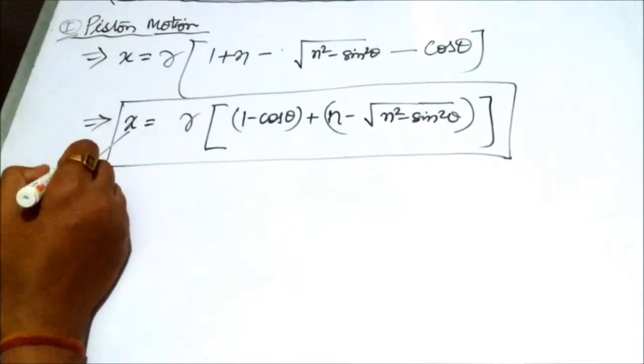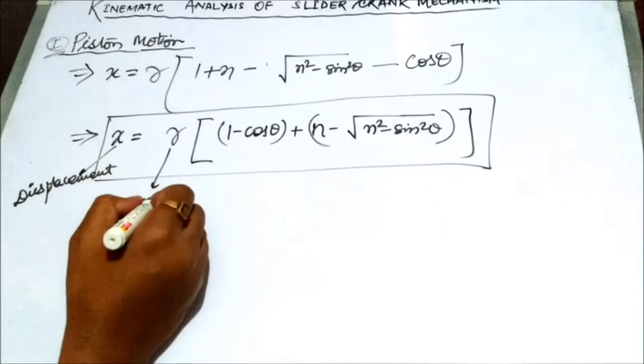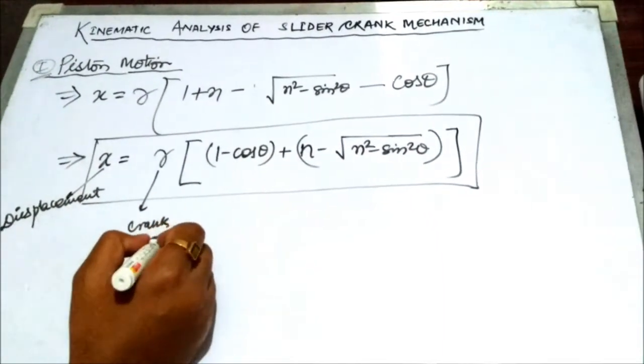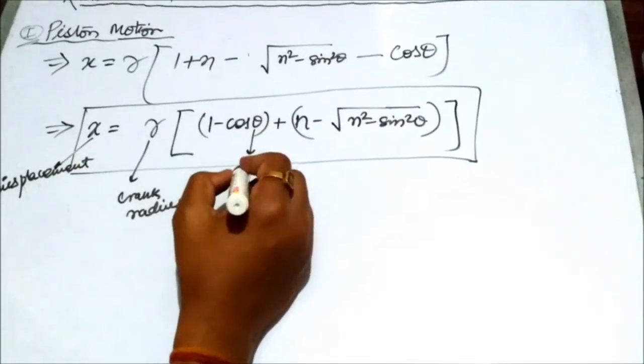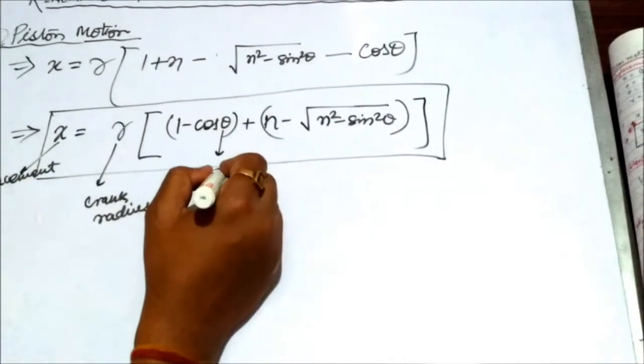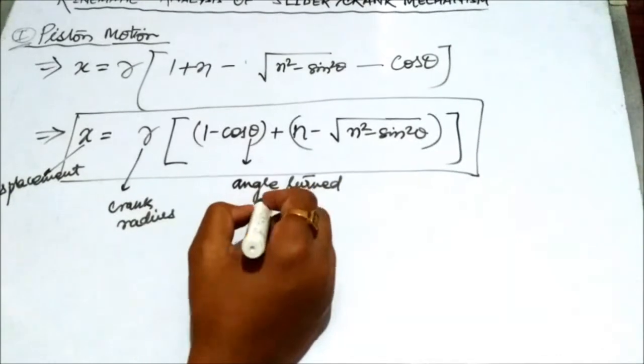Okay. Now n is, as you all know, the obliquity ratio. So here the obliquity ratio will always be greater than 1, a larger value.